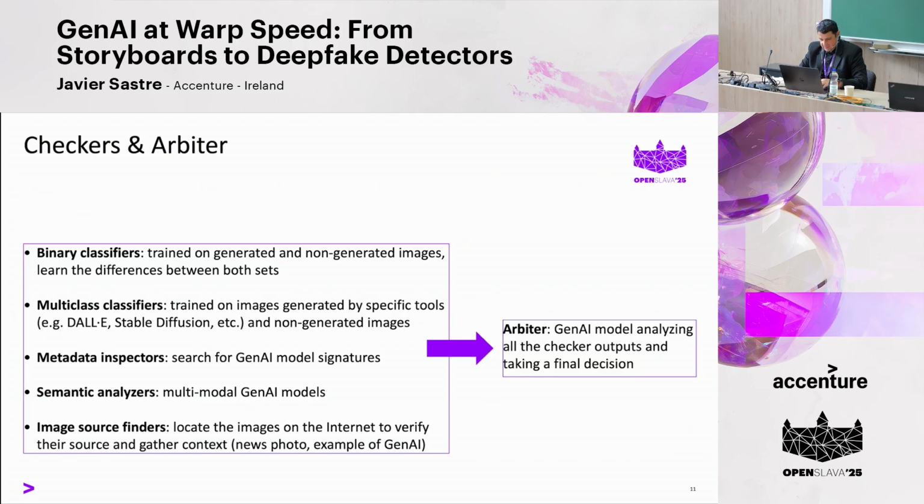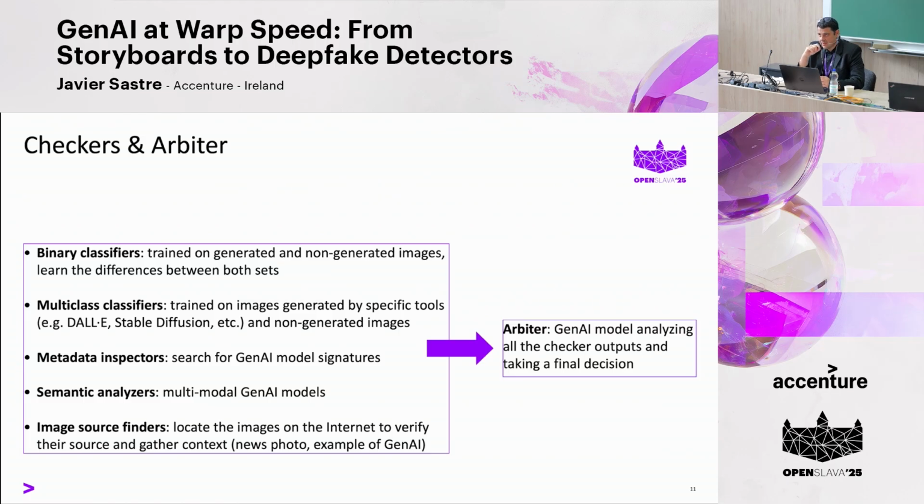But as you can imagine, this is like in a trial where you have a jury and different people may say yes, guilty or non-guilty, and there could be certain contradictions. And at some point you need to have a judge, which in this case would be this other component to the right of the slide, the arbiter.